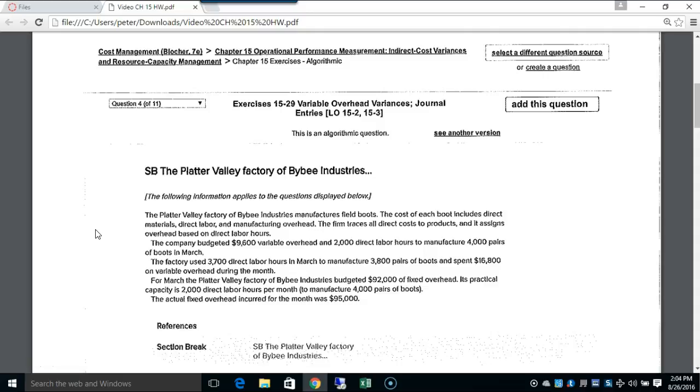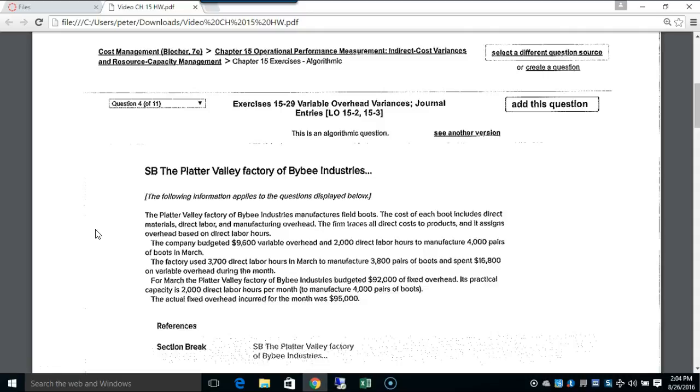So we have a factory that produces boots, and it costs its boots with direct materials, direct labor, and manufacturing overhead. The firm traces all direct costs to products, and it assigns overhead based on direct labor hours.